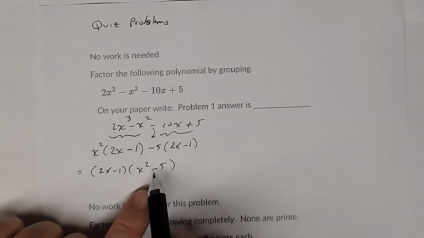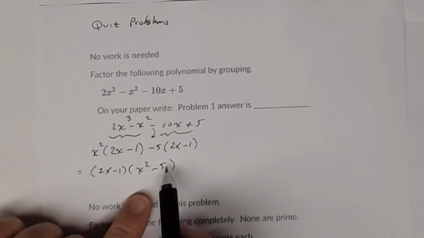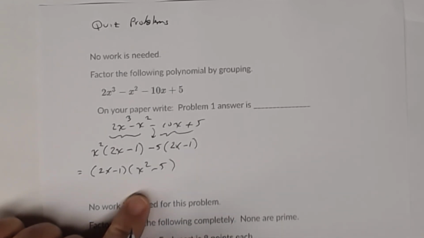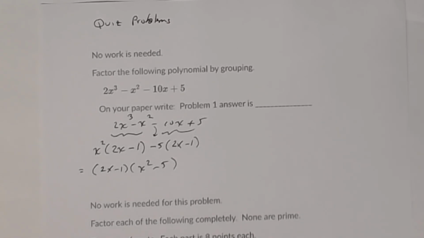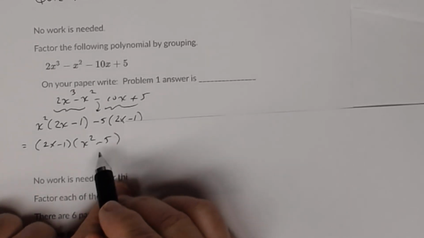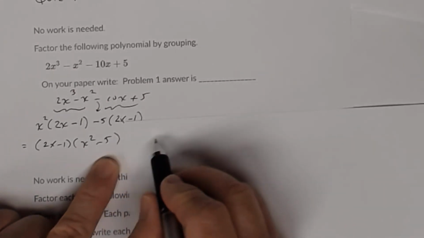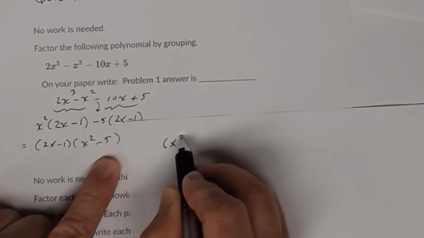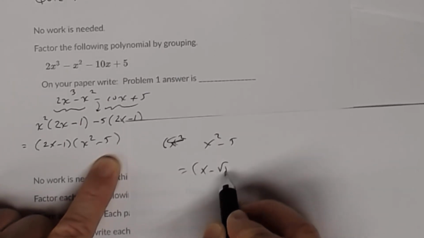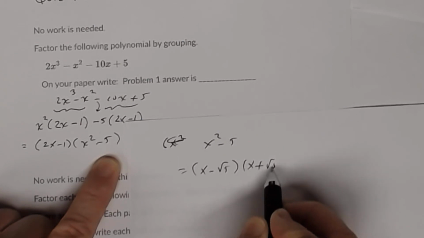Now, in terms of factoring this, since 5 is not a perfect square, I'm just going to leave it as x squared minus 5. But in reality, just so you know, in terms of factoring over any type of real number, x squared minus 5 can be factored as x minus the square root of 5 times x plus the square root of 5.